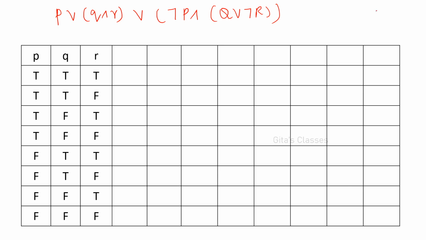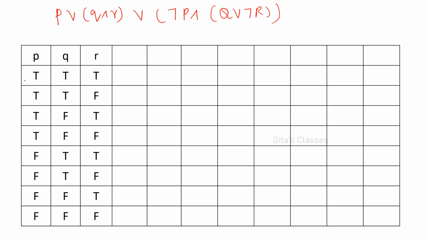P, Q, R: there are 3 variables, therefore 2 power 3, 8 rows you should write. How will you write it? 4T, 4F, then 2T, 2F, then 2T, 2F, then again TF, TF, TF, TF. This is the way you have to write it, otherwise there is a chance of making mistakes. So be careful. If you write like this, you will not make mistakes.